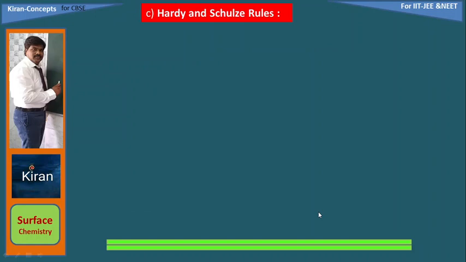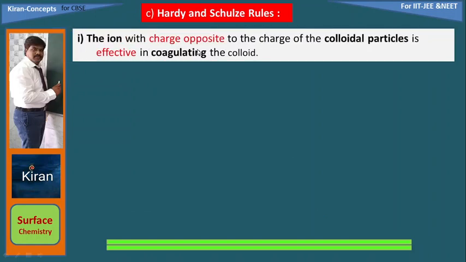Hardy-Schulze rule: the ion which is charged opposite to the charge of the colloidal particle is effective in coagulating the colloid. For example, take a colloidal solution where the colloidal particles are negatively charged. When you add a positively charged electrolyte, it will attract the negative particles, and they will all be gathered again.